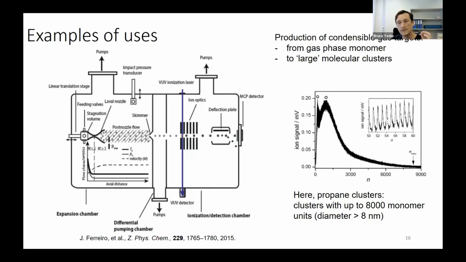The degree of clustering for a given set of conditions can be changed by translating the nozzle in the axial direction, essentially changing the time spent in the post-nozzle flow before being probed.